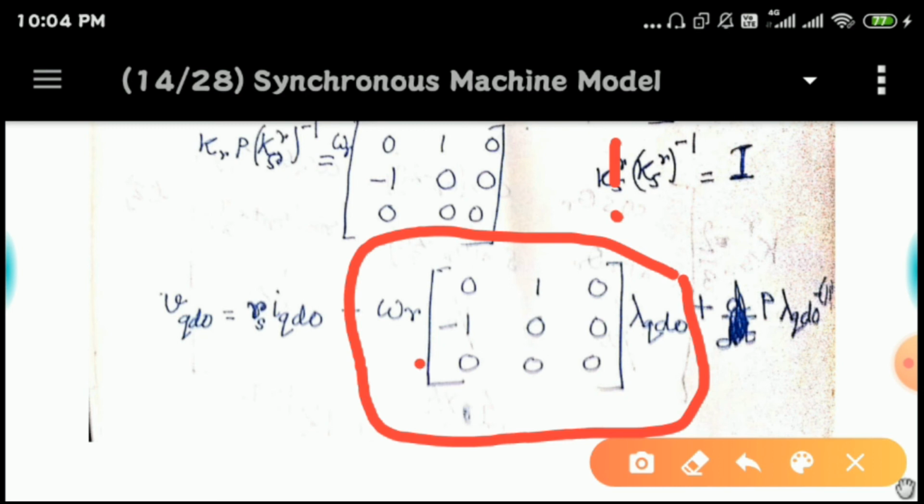Now see the beauty of this equation here: the last row of this matrix that I have marked just now is related to v naught. However, if we consider that v naught is due to third harmonic voltage, this third harmonic voltage is independent of the speed of our reference frame, and that is very obvious.